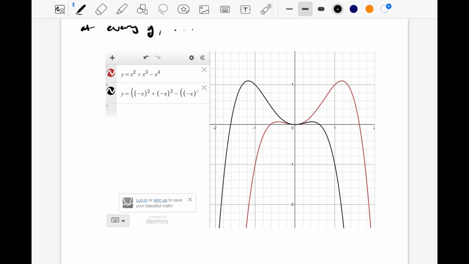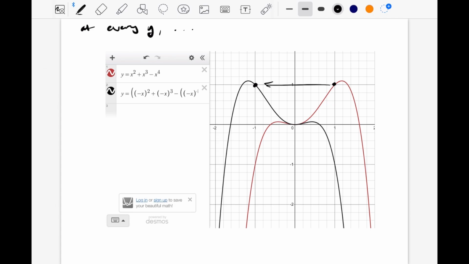So unfortunately, x squared would not look much different, but this function right here, you can see what I'm talking about. At every single x value, we're going to take it and we're going to multiply it by negative. So at 1, we're not taking f of 1, we're taking f of negative 1. So we're going to have it right here.